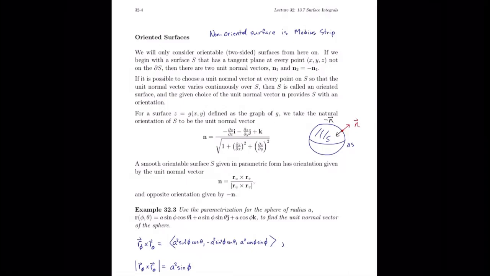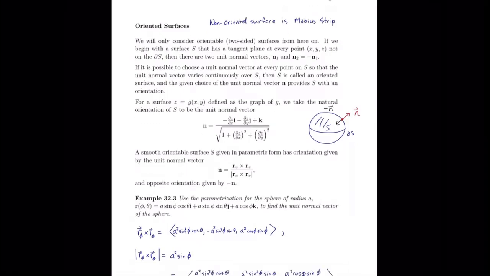So if we have a surface, an oriented surface that's given by the graph of z equals g of x, y, the natural orientation of S is just the unit normal vector, and that's going to turn out to be an outward pointing vector. Remember that the unit normal vector is calculated by this. How do we get that?